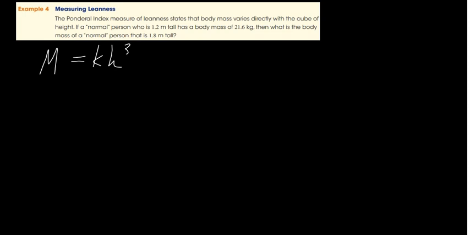So the mass is going to be 21.6, and that is equal to k, which we are trying to figure out, and then the height was 1.2 meters, so 1.2 cubed. This is going to tell me what my k value is, so let's figure that out real quick.